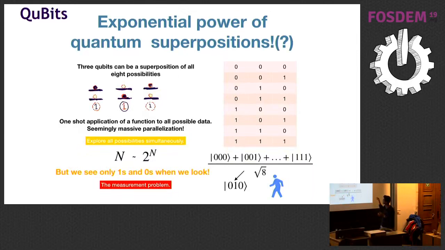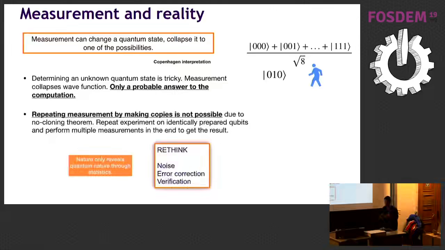So it will not be a superposition, but just jump into one of these. And then you have to repeat these experiments again and again to really make sure that the answers you're getting are correct. So measurements, even the slightest, can change a quantum state and collapse it into one of the possibilities. This is the Copenhagen interpretation, and it only gives you a probable answer to your computation.